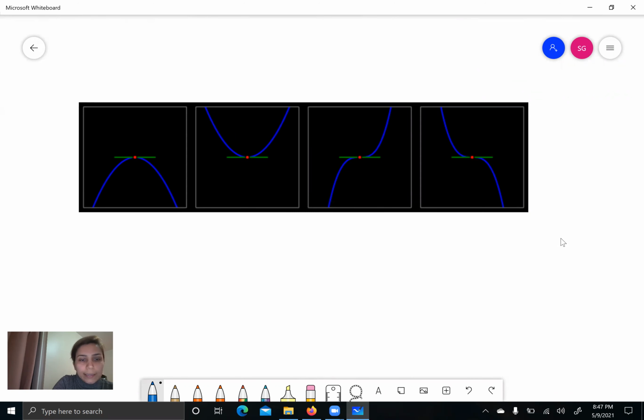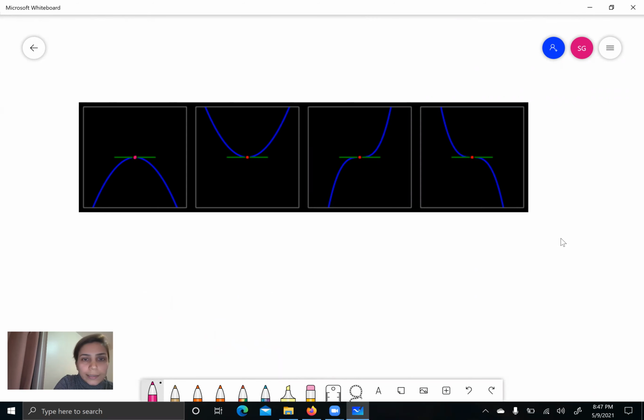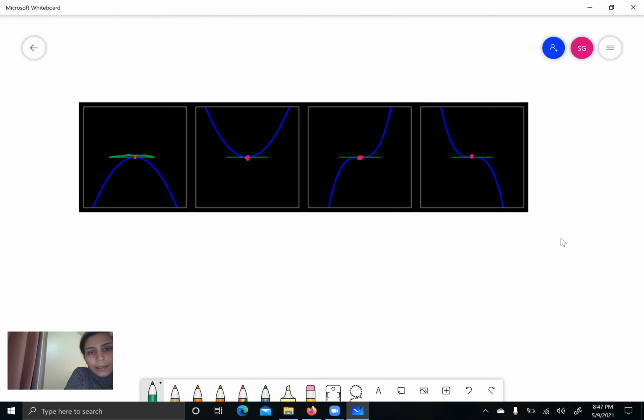Look at the critical points. This is a critical point, this is a critical point, this is a critical point for this function, and this is a critical point. What they have in common is that the tangent line is flat, you see? All of them have a flat tangent line, which means that the first derivative at those points is 0.